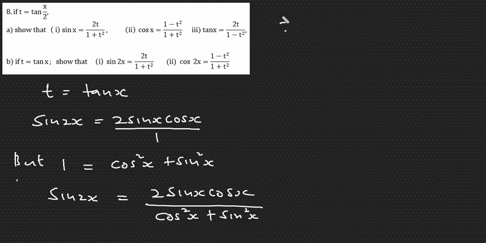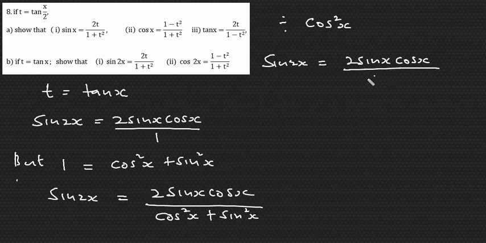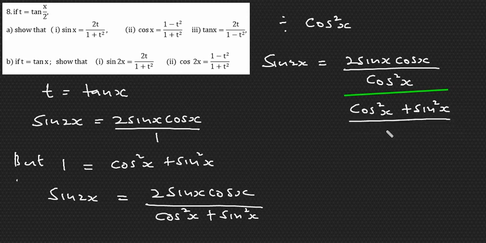As we've been doing, I'm going to divide this by cos squared x. The reason I'm doing this is to get a tan. So our sine 2x will be equal to 2 sine x cos x divided by cos squared x, over cos squared x plus sine squared x over cos squared x.